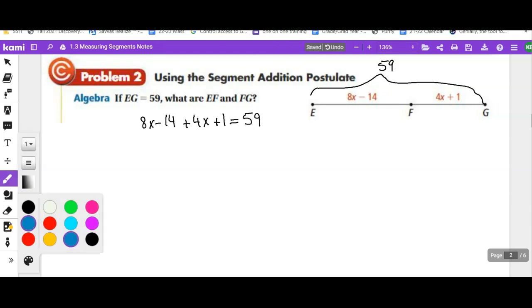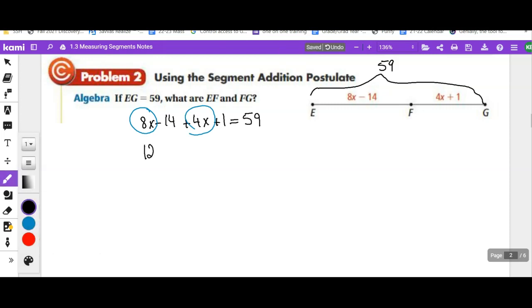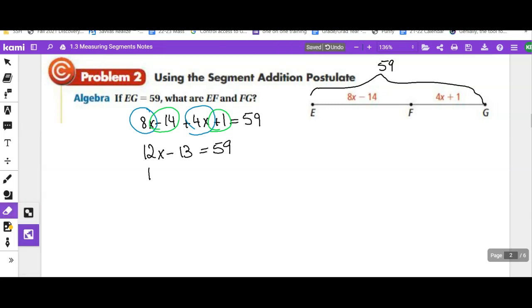So now I'm going to combine my like terms. 8x plus 4x is 12x. Negative 14 plus 1 is negative 13. And all of that's equal to 59. So I need to isolate my variable.